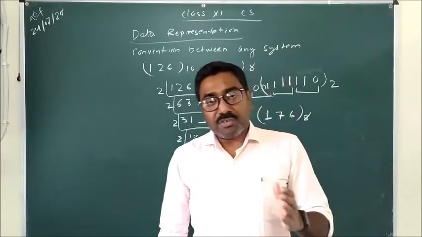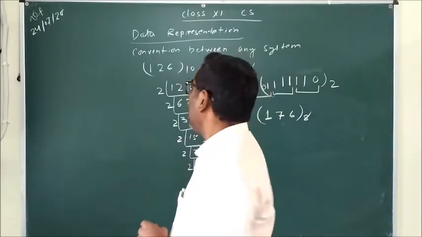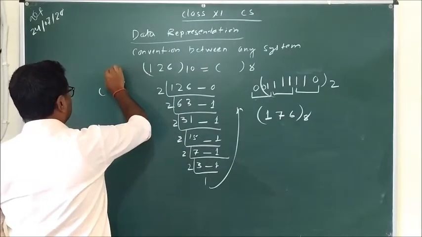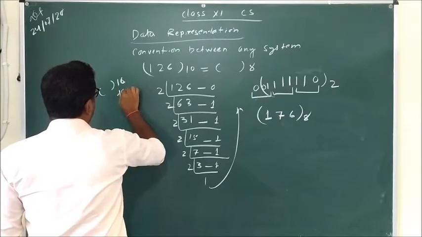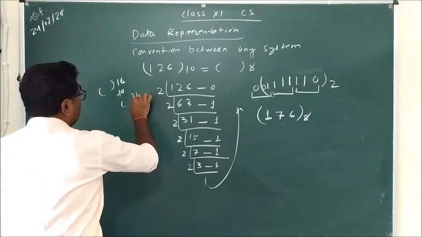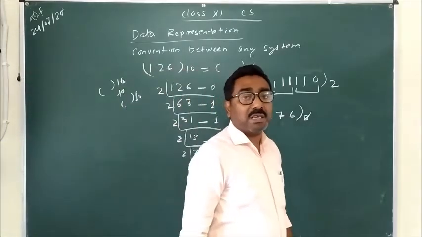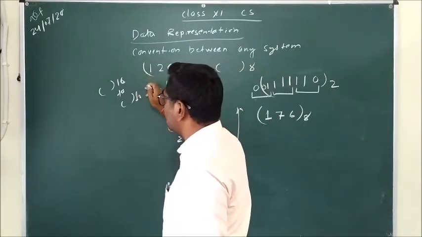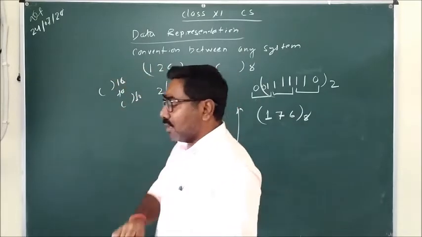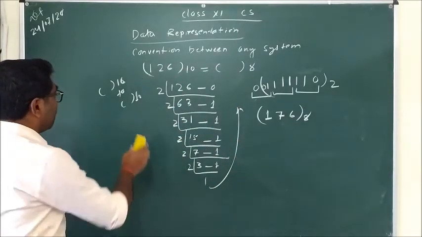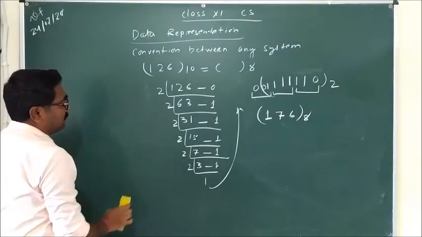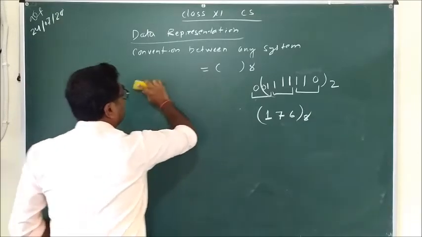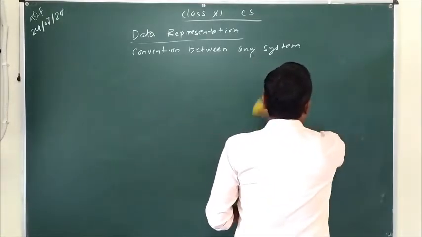In the same way, if you want to convert a hexadecimal number, that is base 16 to base 10 or base 10 to base 16, you can use the binary system, that is base 2, as the intermediator between these two systems. That means whatever the number system, such as this base 16 system, you have to convert that system into binary system. Again, from that binary we can convert it into the decimal system.